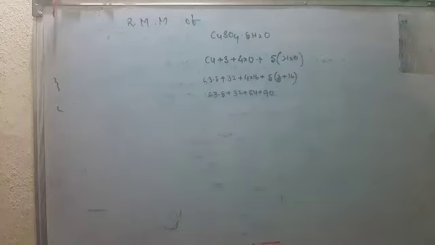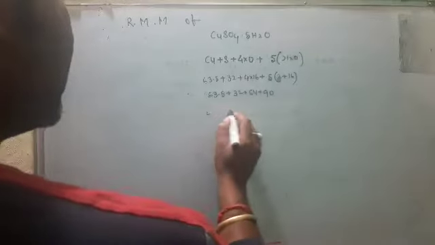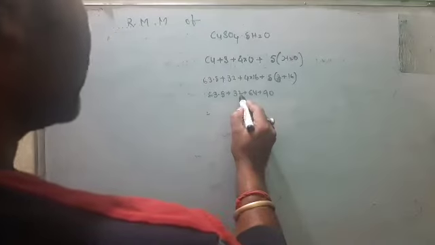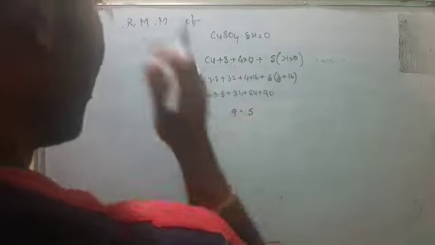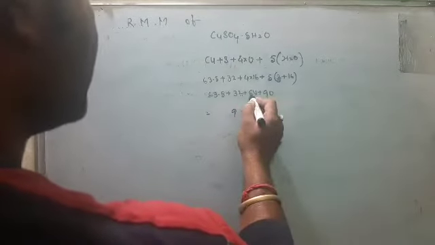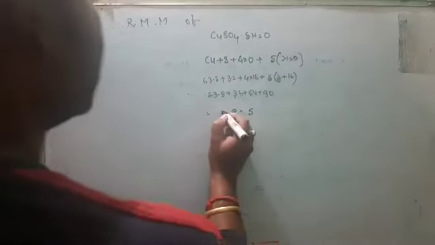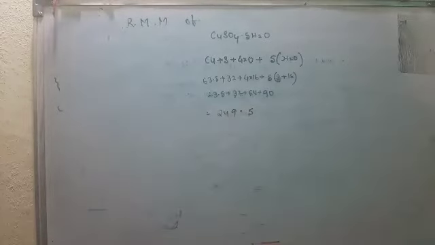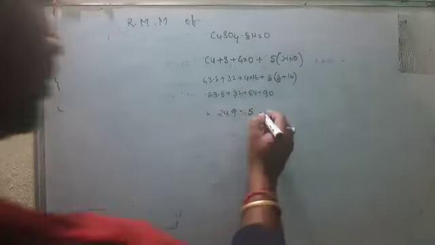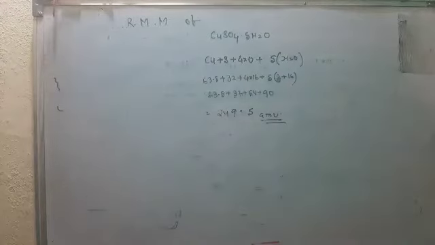So add it. Adding up, we get 249.5 AMU, and you have to write the unit. Like this you have to find the RMM, relative molecular mass.